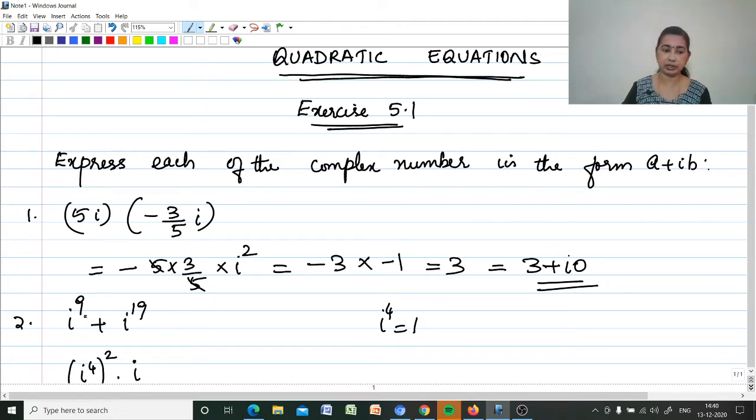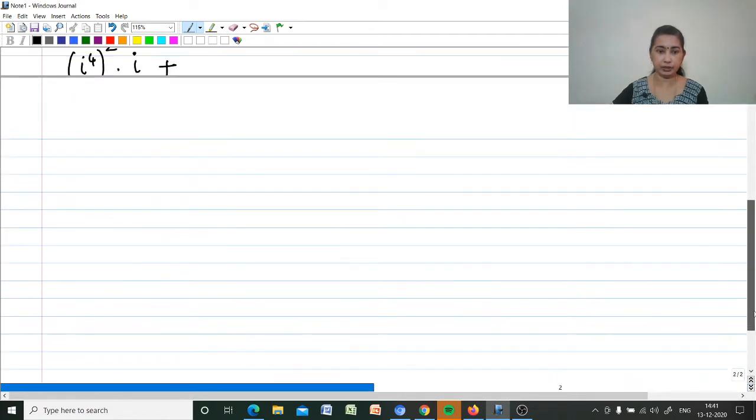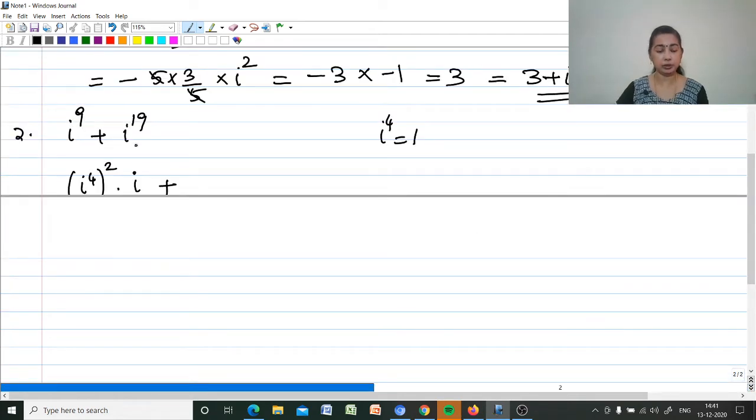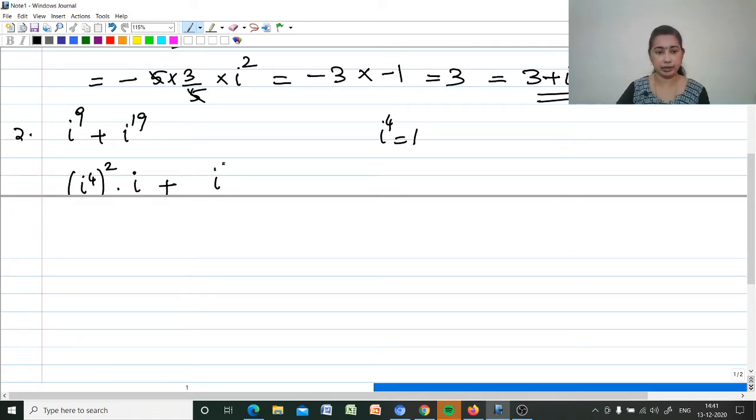So I can split i raised to 9 in powers of i raised to 4, plus the same way i raised to 19. How can we write i raised to 19? That also we have to write using powers of 4. That is i raised to 4 raised to 4, which is i raised to 16, then into i cube.